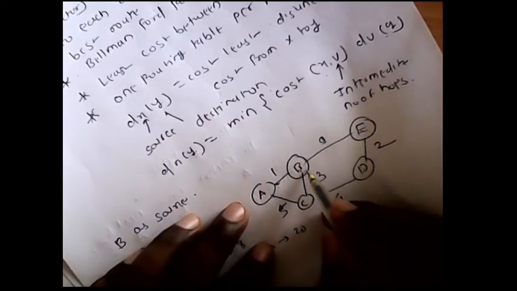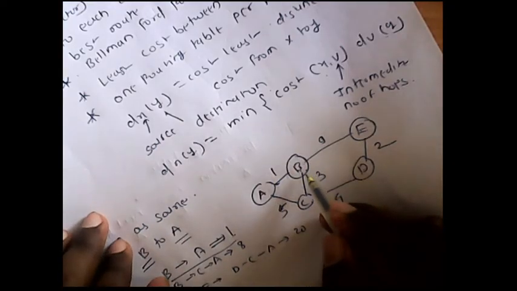Now in the second, B as a source and C as a destination. There is one path from B to C directly, and the cost is 3.